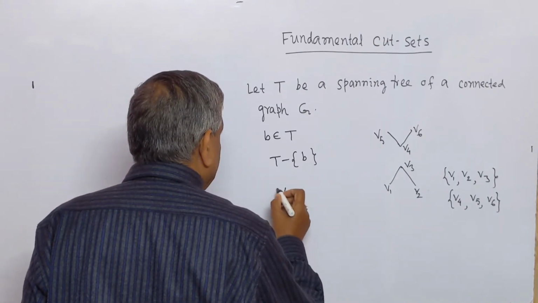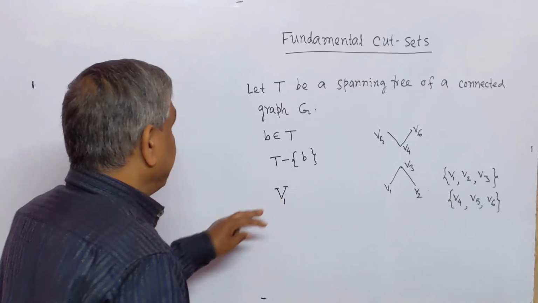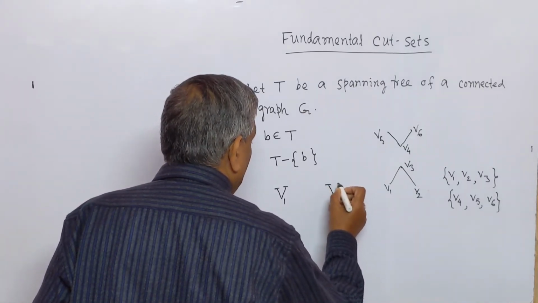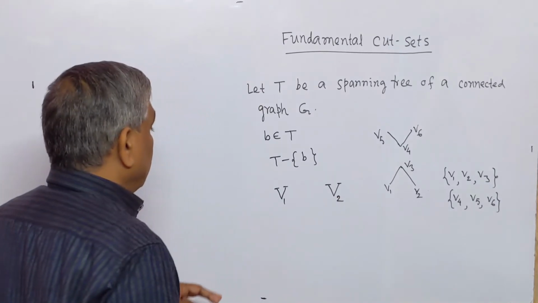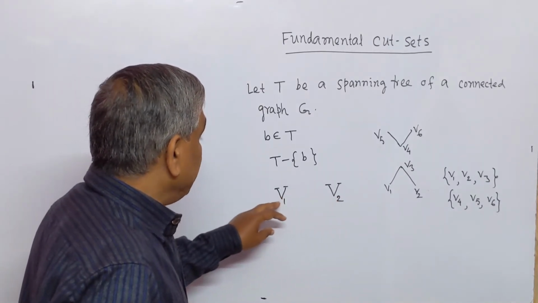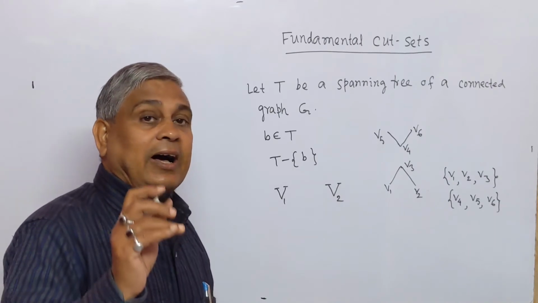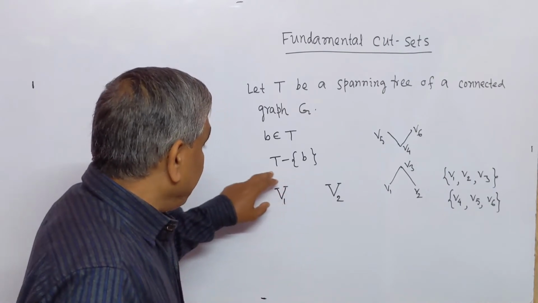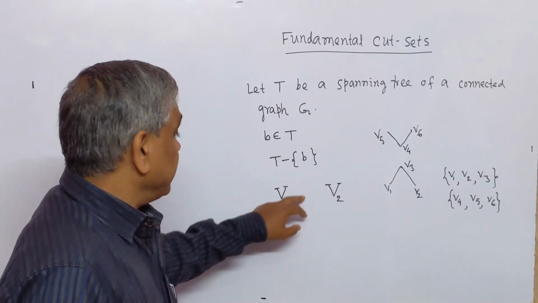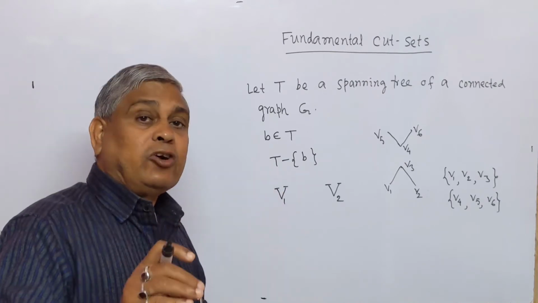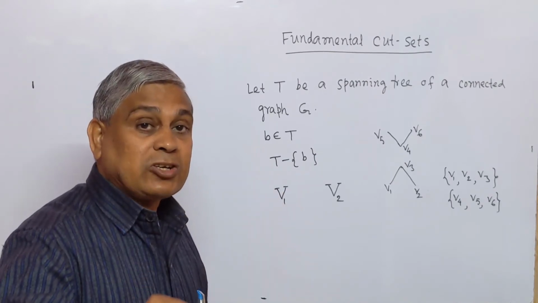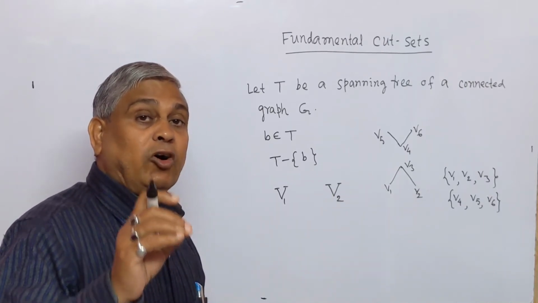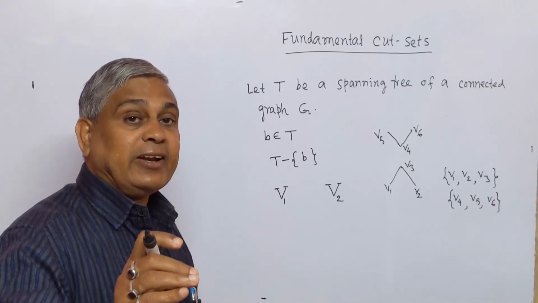First set will contain capital V1 set of vertices, and second set of vertices be V2. All these vertices V1 and V2 are disjoint. This V1 set be the set of all vertices of the first component, and capital V2 be the set of all vertices of the second component.